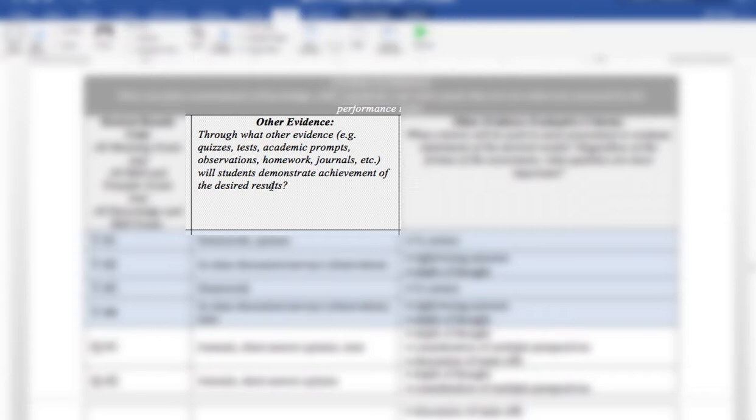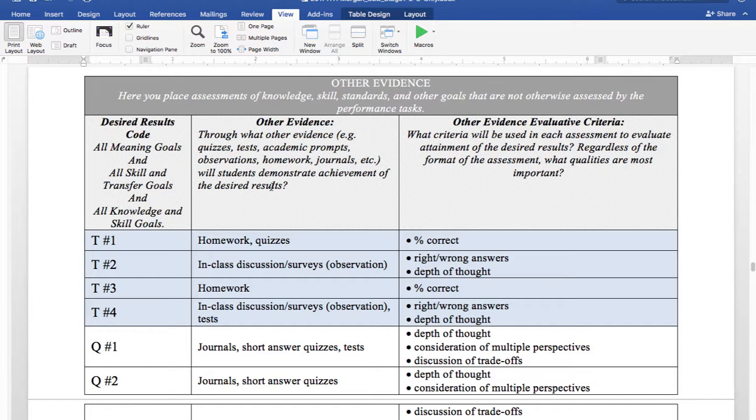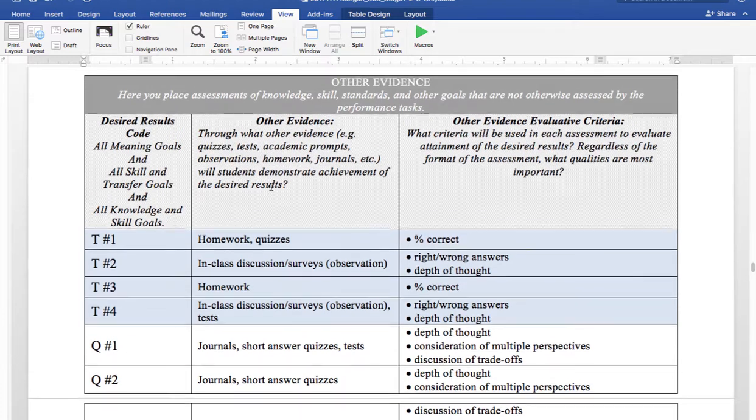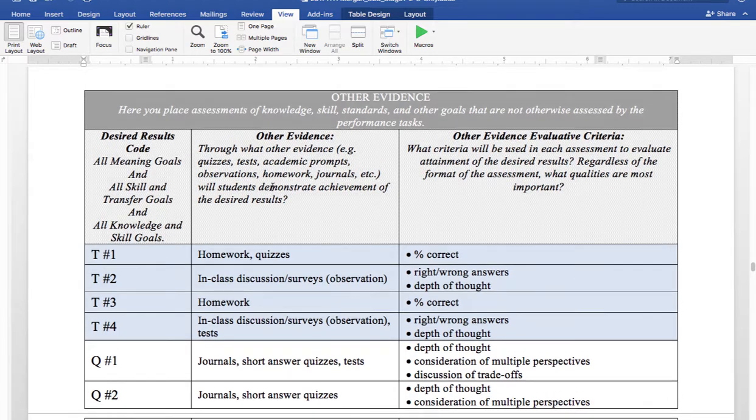Other evidence includes things like quizzes, tests, homework, and other activities where we're either looking for some degree of understanding of just the fundamental principles, or even just knowledge of terminology and kind of surface level things. Because these are things that can be much more simply assessed through tests and quizzes and graded assignments, we put these under other evidence.